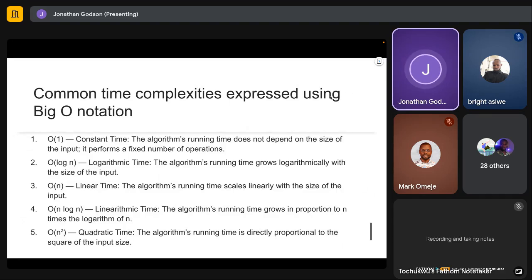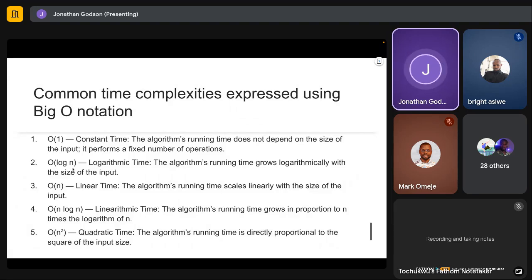So we have constant time. Constant time talks about no matter how the input size changes, a fixed operation is being carried out. So that is O of 1, constant time notation.